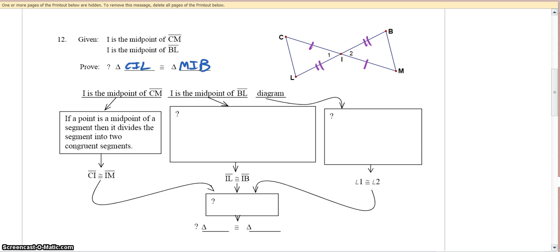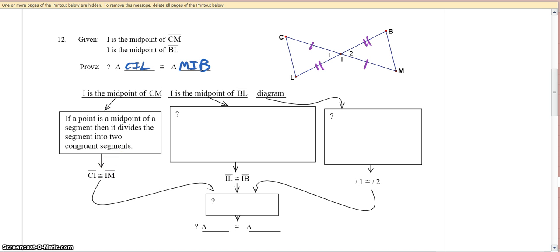And again, this comes from the fact that C to I is one tick mark, and so is M to I. And then I to L is two tick marks, and so is I to B. And we notice that angle CIL is going to be congruent to angle MIB, because these are vertical angles. So in the actual proof, we've got I being the midpoint of CM, which gives us that if a point is a midpoint of a segment, then it divides the segment into two congruent segments.